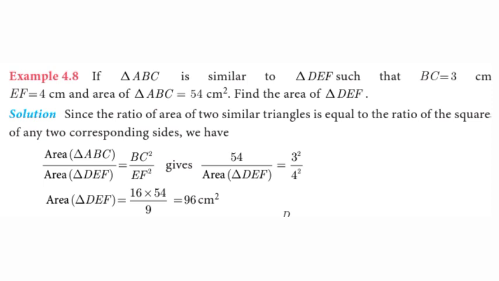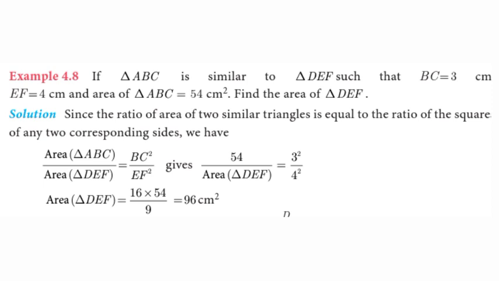Solution: since the ratio of the areas of two similar triangles is equal to the ratio of the squares of any two corresponding sides. Perimeter ratio is the same ratio, while area ratio is the square of the corresponding sides.